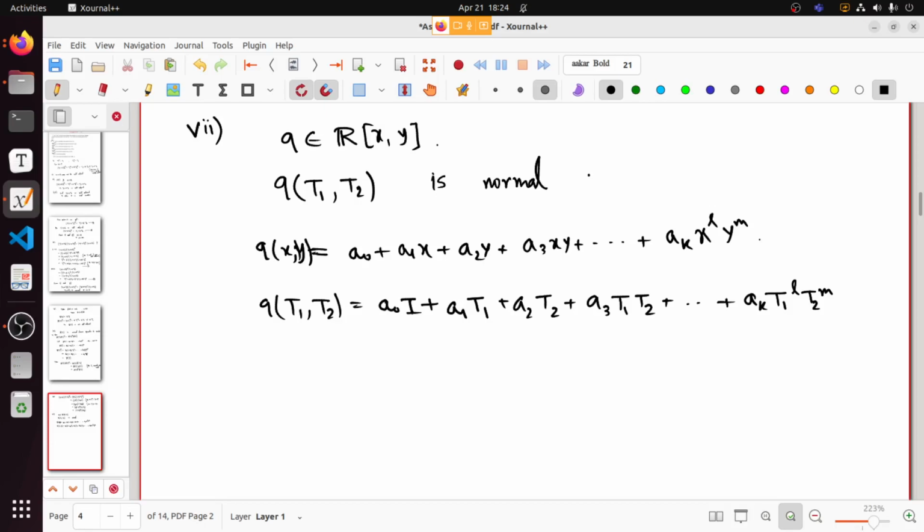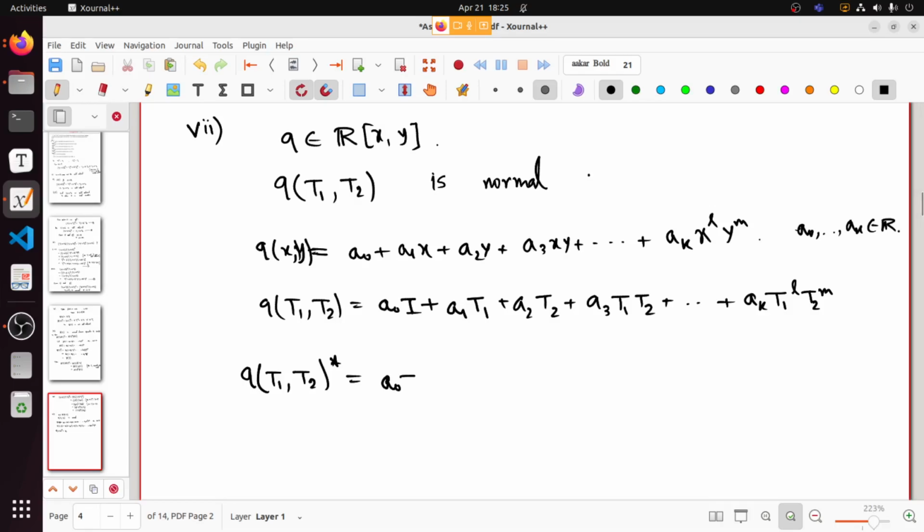Now take the adjoint, then what will happen? This is the linear operator, so we take the adjoint of the whole thing. And these a0 dot dot ak are real numbers.